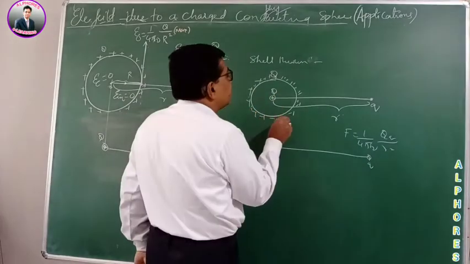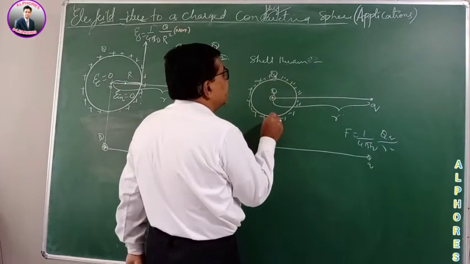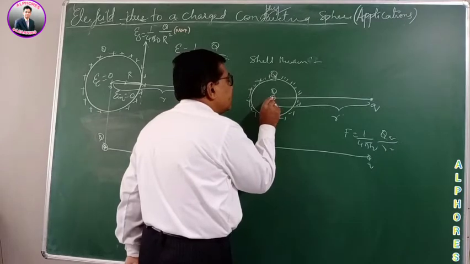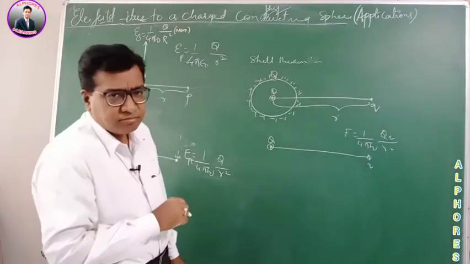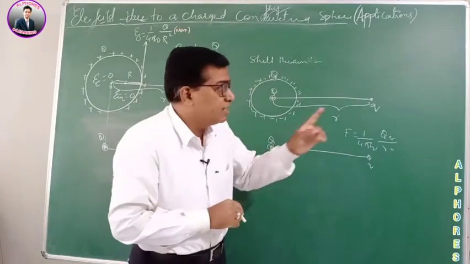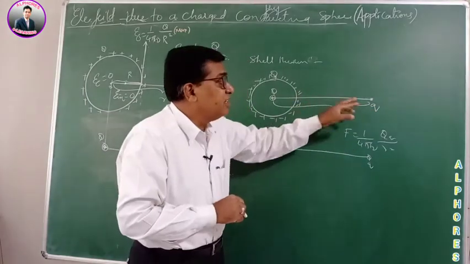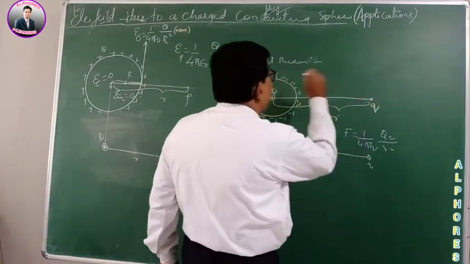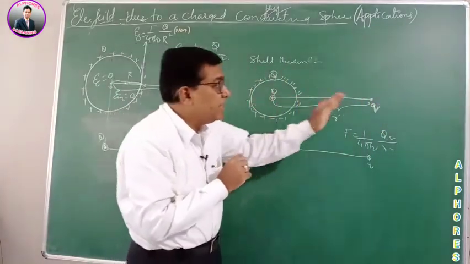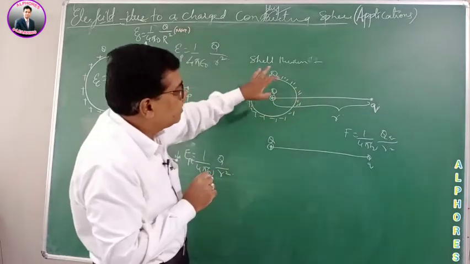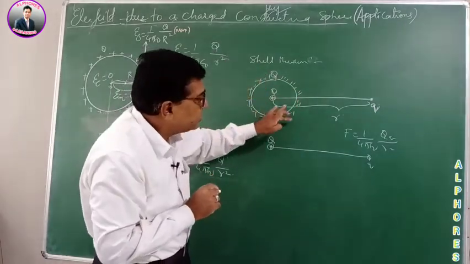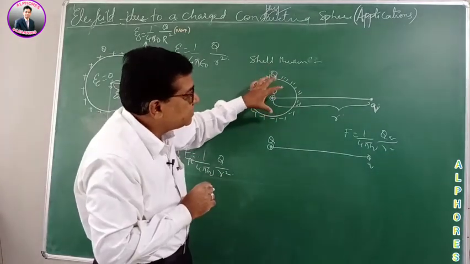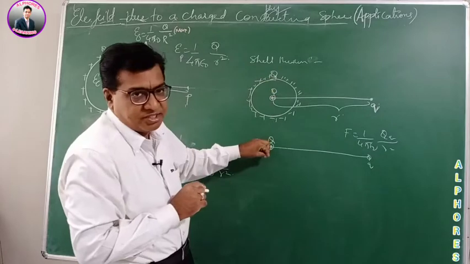All the charge that is residing on the surface seems as if concentrated at the center of the sphere. Right? There is a condition: there is no charge induction due to this on this. When there is no induction effect, and the uniform charge distribution remains symmetrically spherical, then this will behave as a point charge.